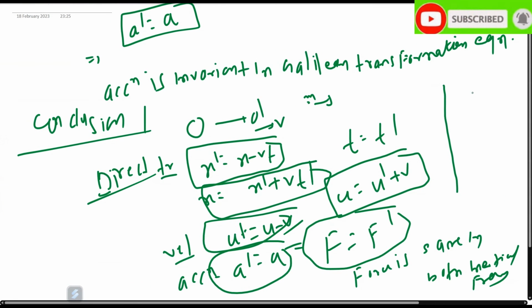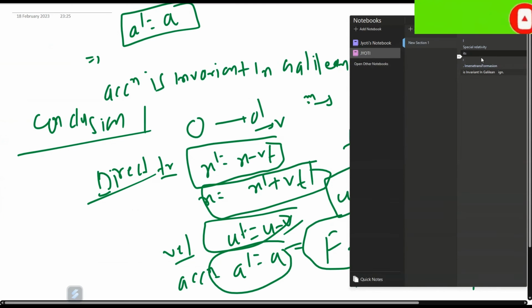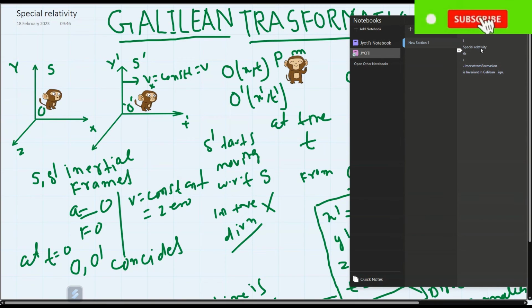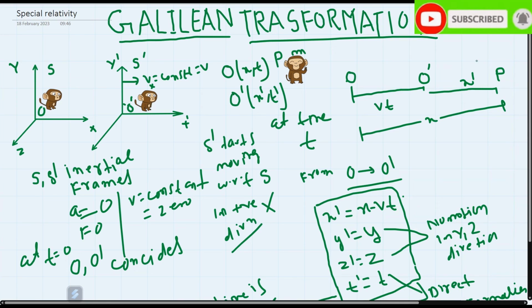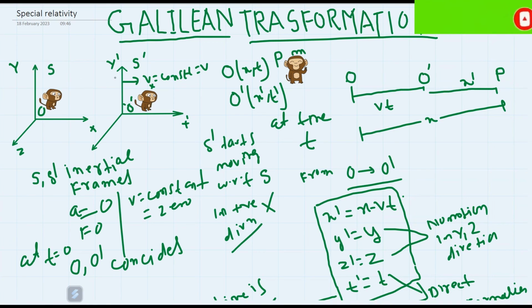So let's revise once again. Basically we have two frames moving with respect to each other with velocity v in the positive x direction, and we have O and O prime origins.